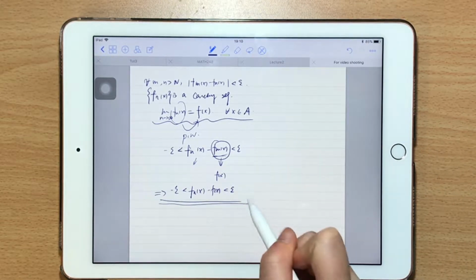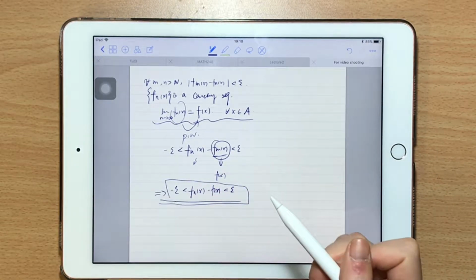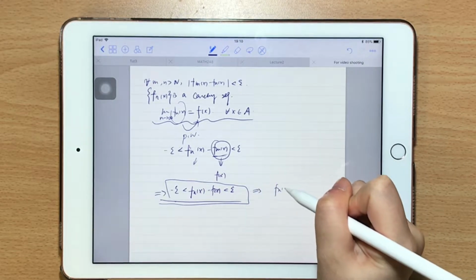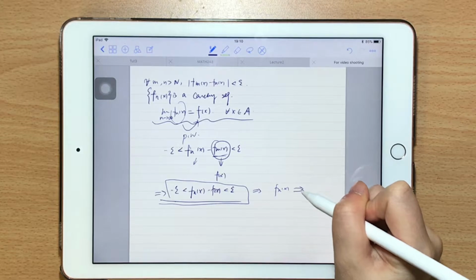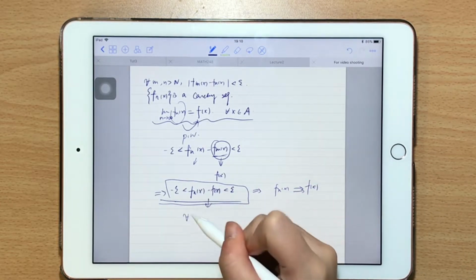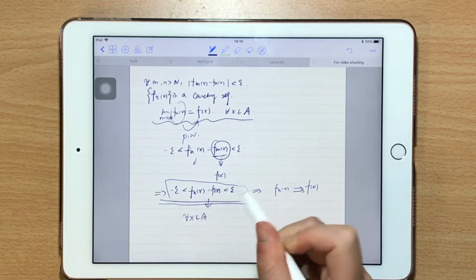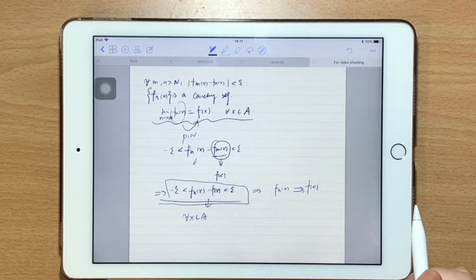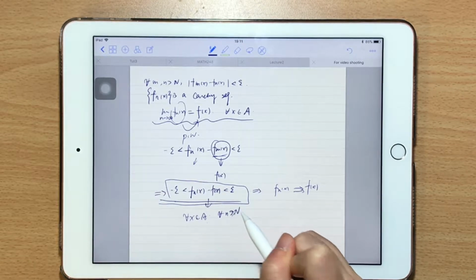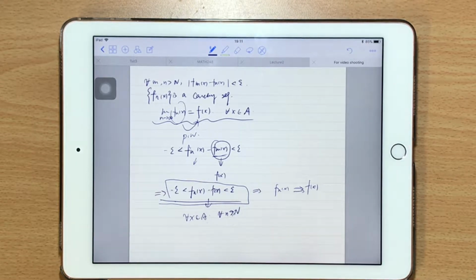After we know this inequality, the consequence is quite clear. f_n(x) is uniformly convergent to f(x), because this is valid for any x in A and for all n larger than capital N. So this is a proof of the Cauchy Criterion for uniform convergence.